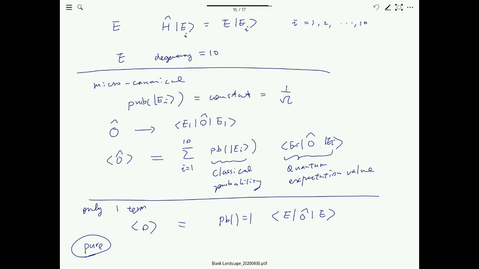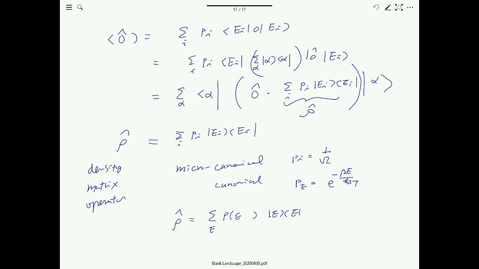Okay. So once you understand this decomposition, then it's just a way to rewrite the expression into the trace of your operator with the density matrix operator. And then this density matrix operator will involve this probability factor in front in your expression.